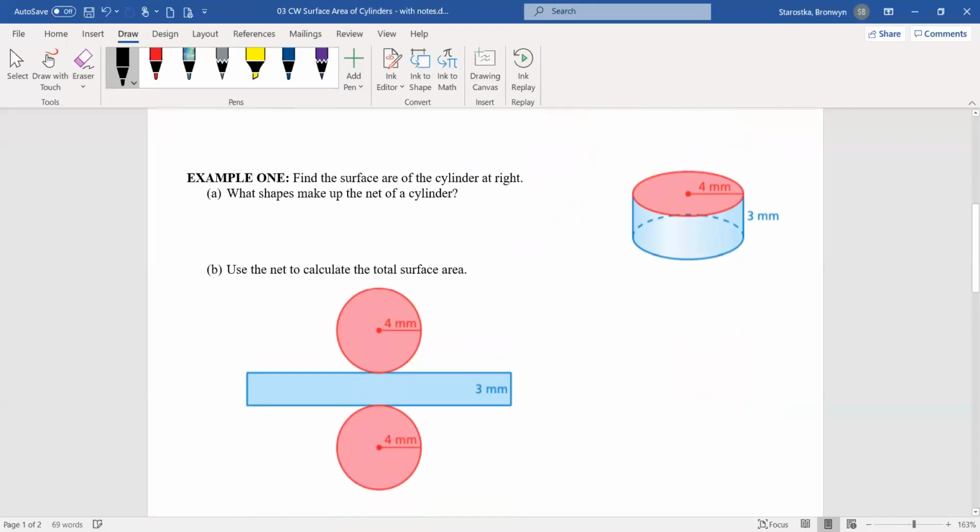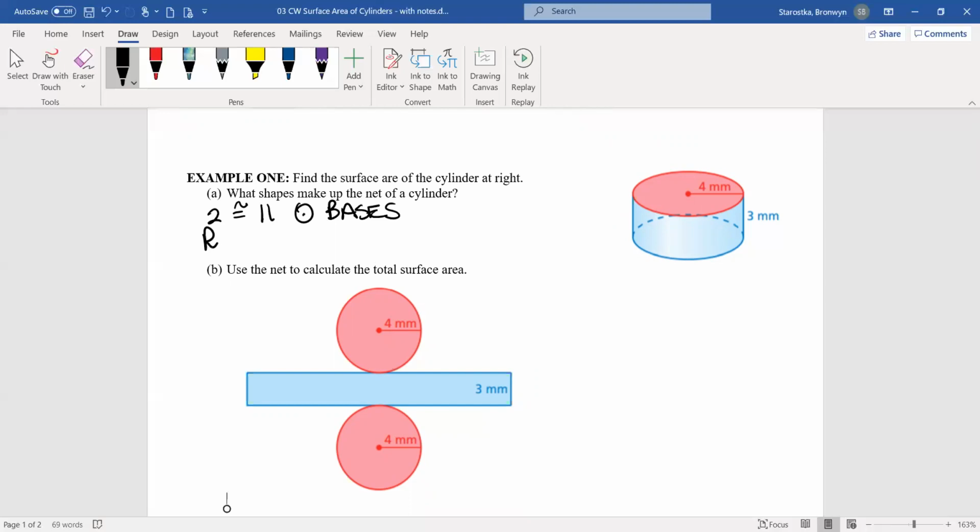All right, example 1. To find the surface area of the cylinder at right, what shape makes up the net of a cylinder? Well, we're going to have two congruent, parallel, circular bases.